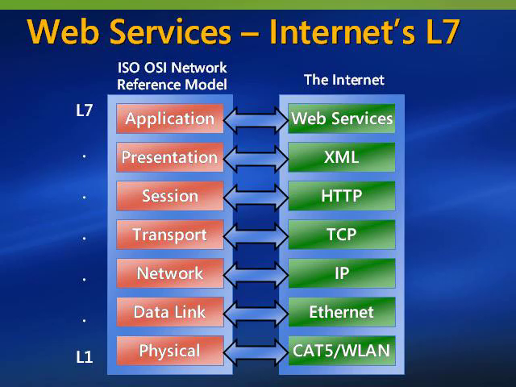IP and TCP were transformational phenomena for the connected device space, the distributed application space. HTTP gave us the web. XML and web services are going to make the web programmable. So we think that web services is really layer 7 of the internet, and that's effectively going to get us to the point where applications can talk to other applications in an interoperable manner.